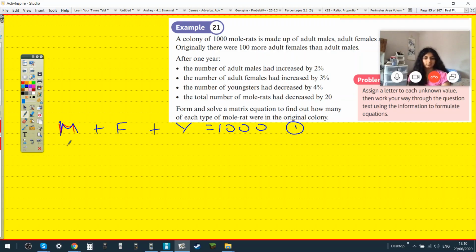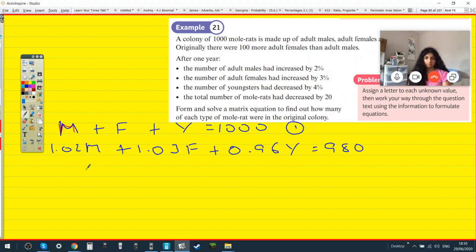Then after 1 year, 1.02 m plus 1.03 f plus 0.96 y equals 980.